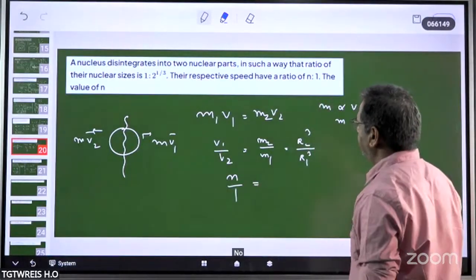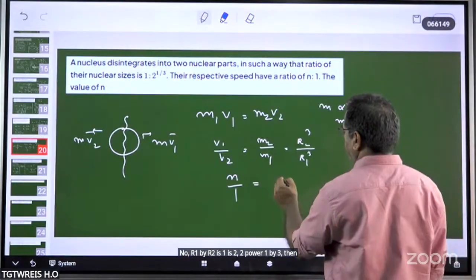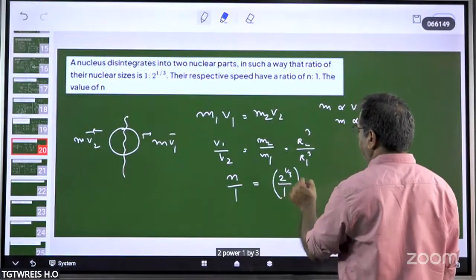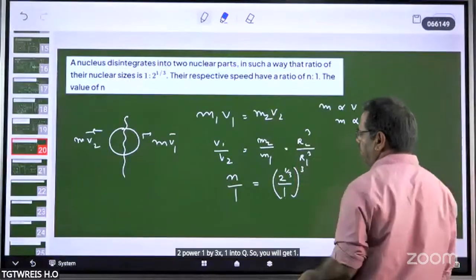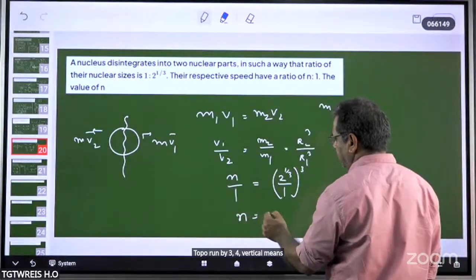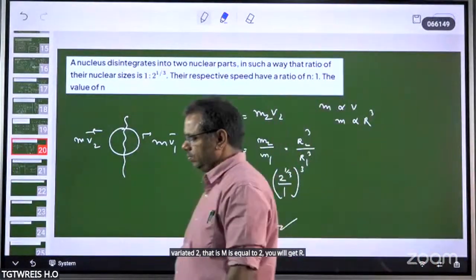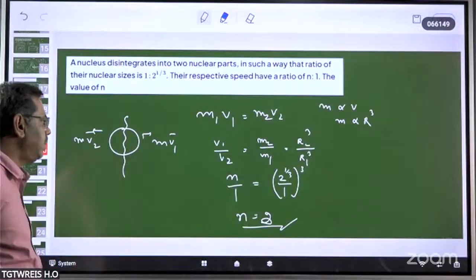Now R1 by R2 is 1 is to 2 power 1 by 3, then R2 by R1 is 2 power 1 by 3 by 1, into cube. So 2 power 1 by 3 whole cube gives 2. That is n is equal to 2. You will get the answer. This we have already done.